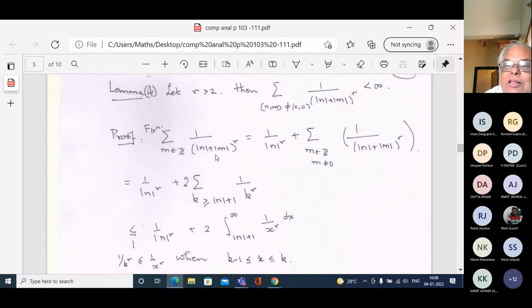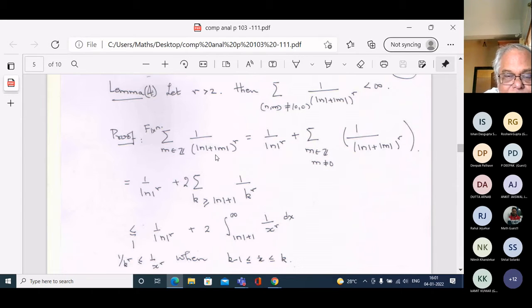And it's clear that when you replace m by minus m, you get the same sum. So it's twice the sum of 1 over (mod n plus mod m) to the power r, where mod m goes from 1 to infinity. So mod n plus m is your k, and your k goes from n plus 1 to infinity.